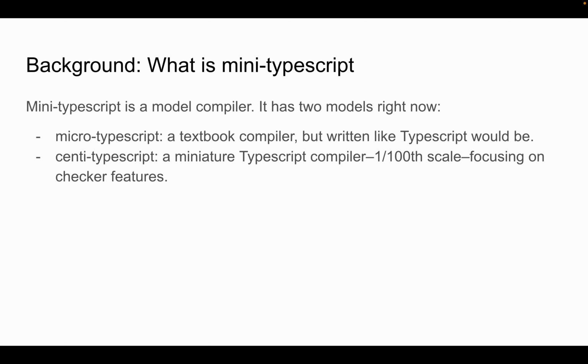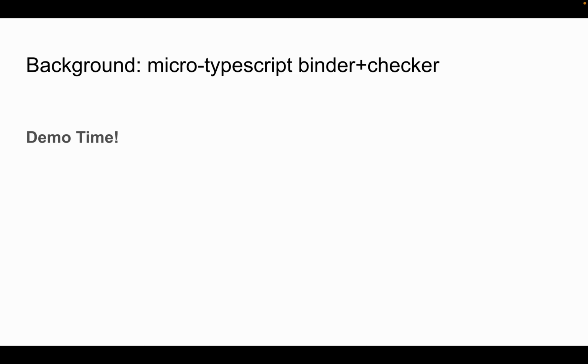Mini TypeScript is a 1/100th scale TypeScript compiler. It's supposed to be a miniature TypeScript compiler. Right now it focuses on the checker, so the binder is actually not that much more complicated than Micro TypeScript. And we'll look at both of those, plus a short look at the TypeScript types as well, from the full compiler. All right, so let's look at that now.